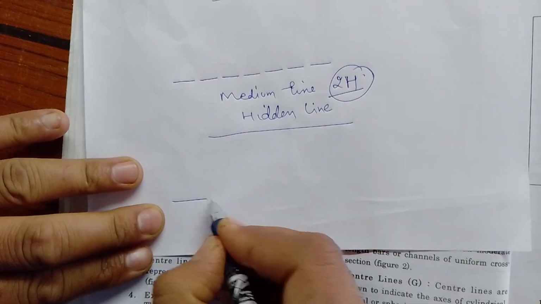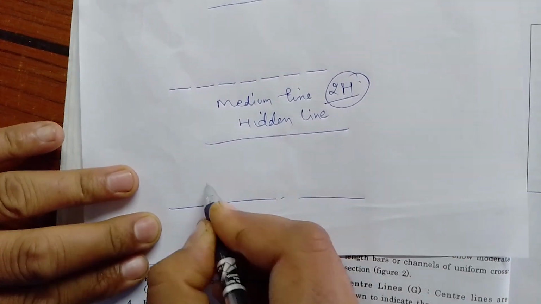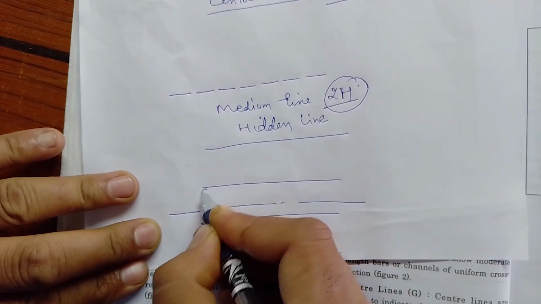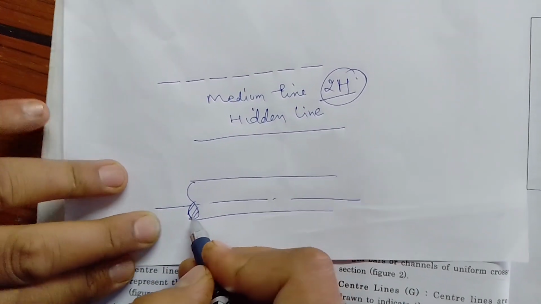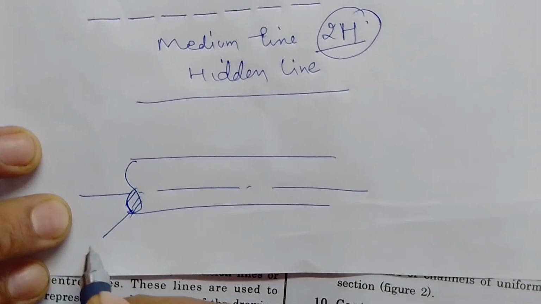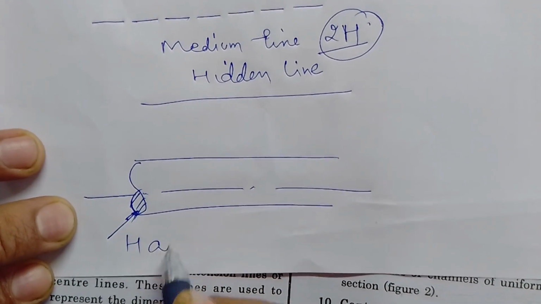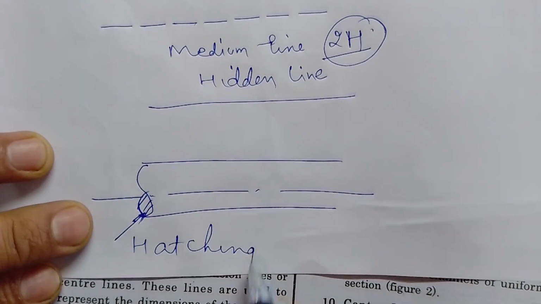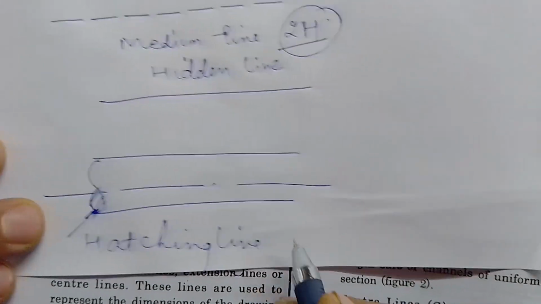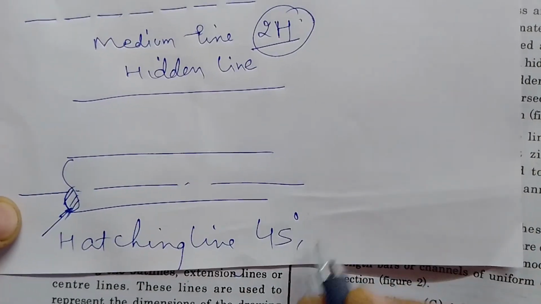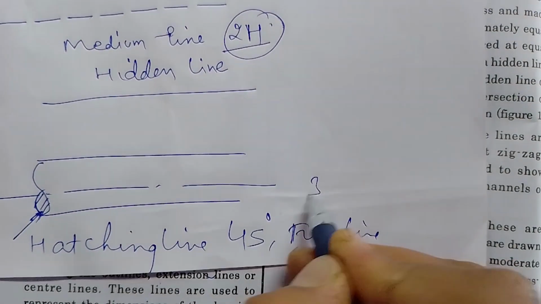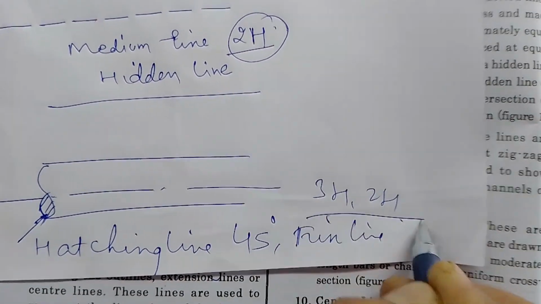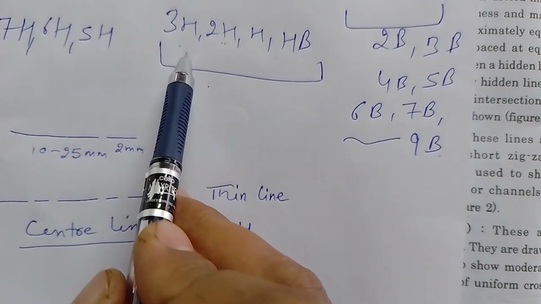This is the center line, and if we draw the shaft here, this cut section is shown by hatching lines at 45 degrees. These are also thin lines, drawn by a 3H or 2H pencil.